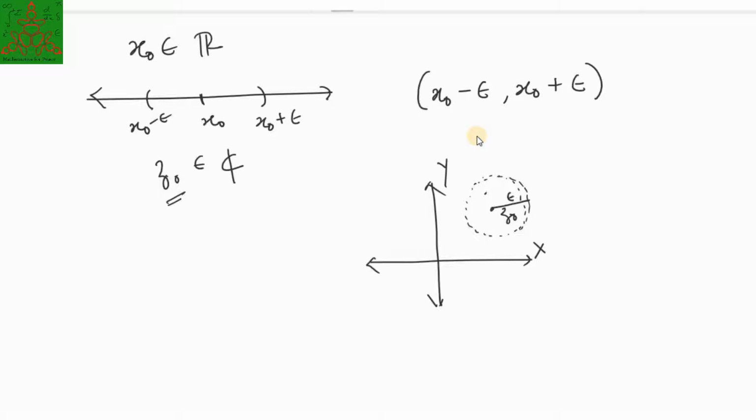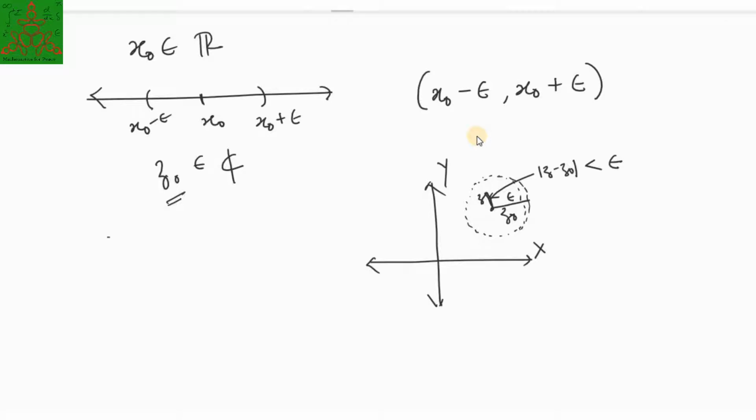For any point z in this disk, the distance between z and z0 is the modulus of z minus z0, and this distance is always less than epsilon. Then we say that this set of points lying in the disk with radius epsilon is called the neighborhood of a point.